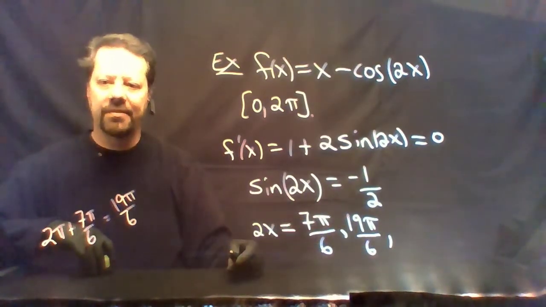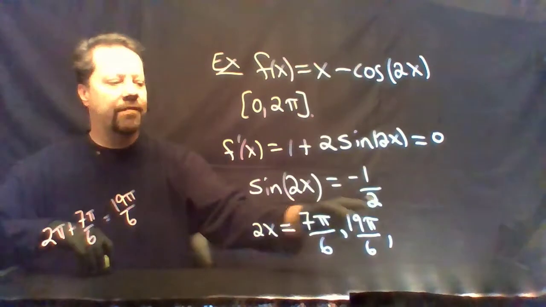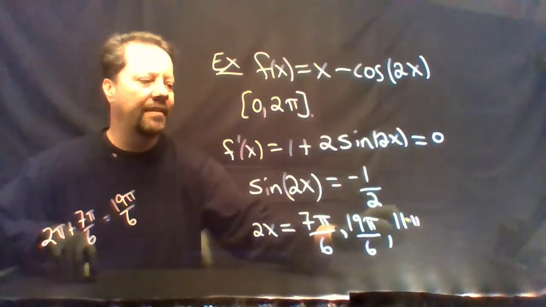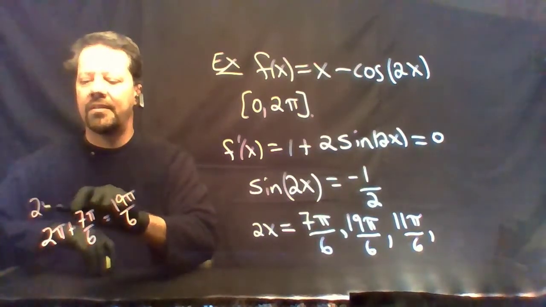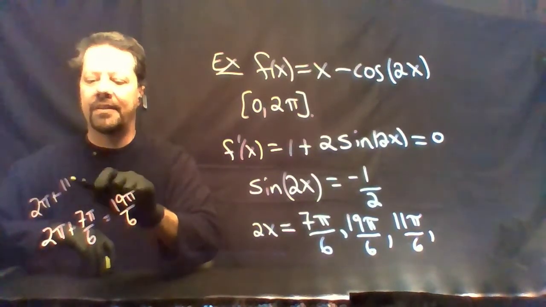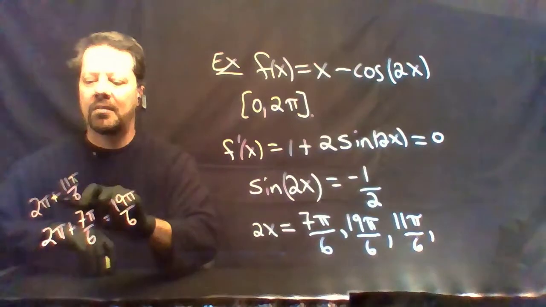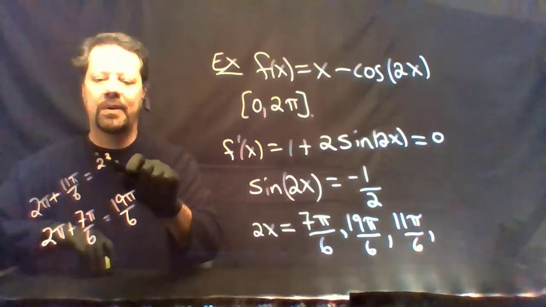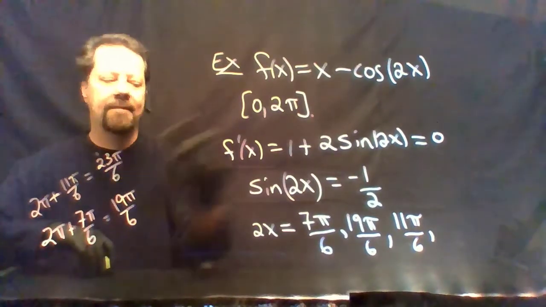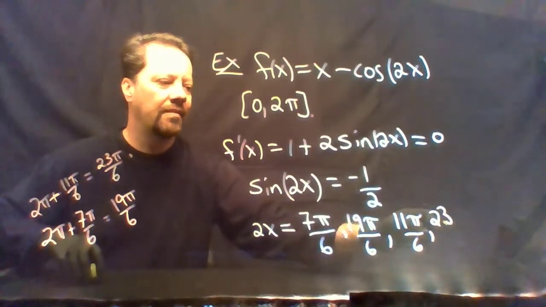Those are both in quadrant 3. In quadrant 4, you'll have 11 pi over 6, and if you add 2 pi to 11 pi over 6, you'll have 12 pi over 6 plus 11 pi over 6 is 23 pi over 6.